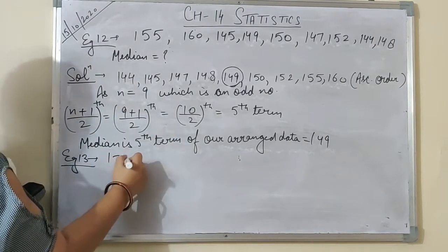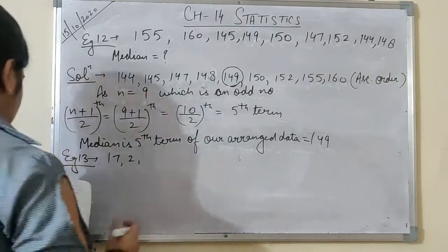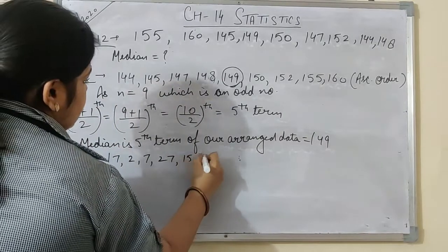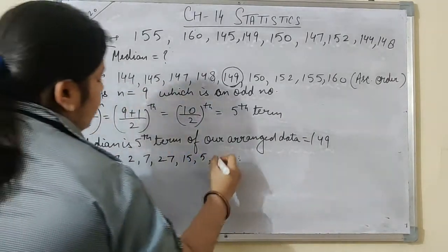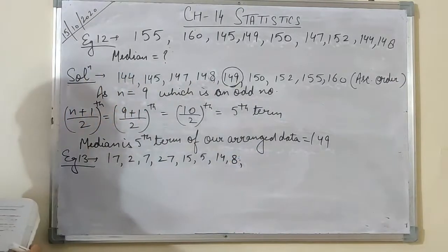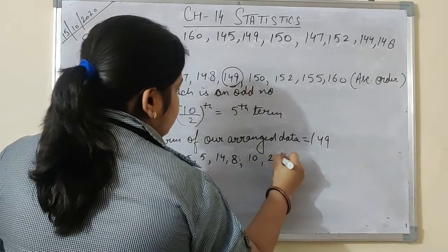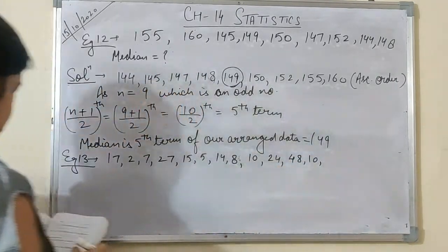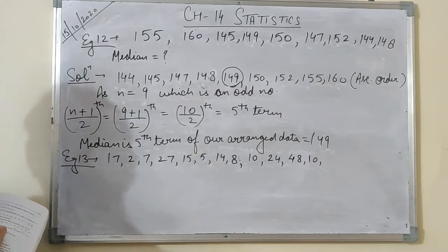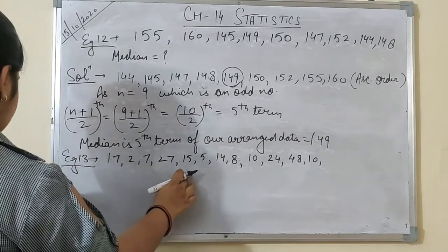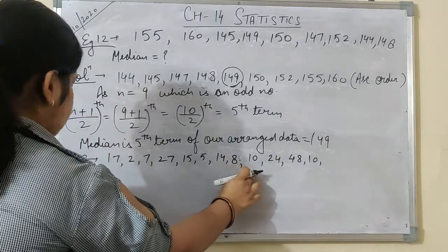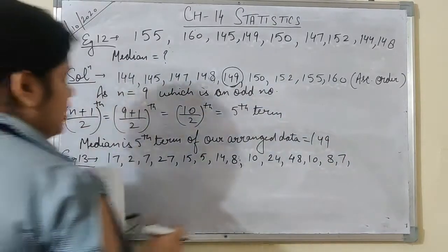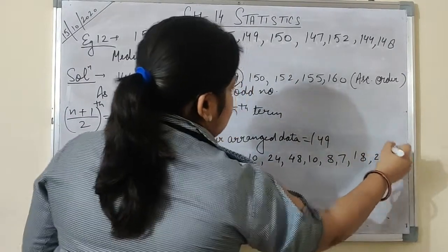17, 2, 7, 27, 15, 5, 14, 8, 10, 24, 48, 10, 8, 7, 18, and the last is 28.